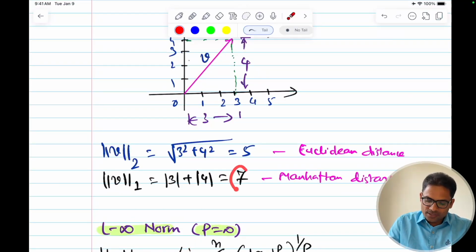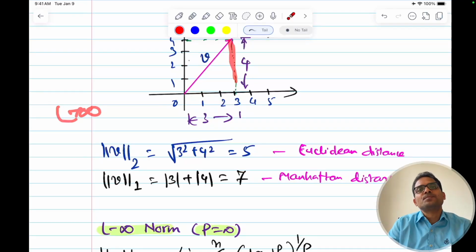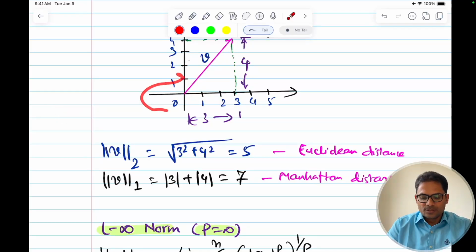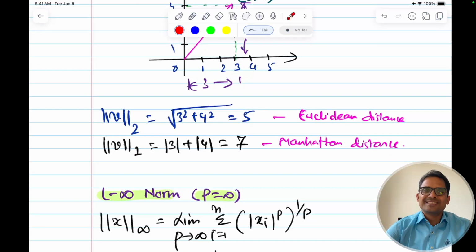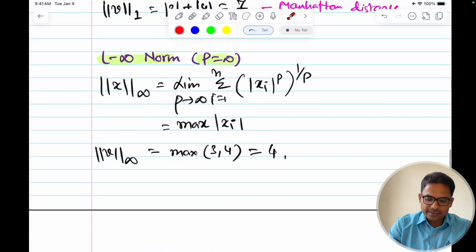L1 norm was 7, that was the Manhattan distance. L2 norm was 5, that is the Euclidean distance, and the L infinity norm was just 4. So this is your vector norm. This is how you measure how big a vector is, or how far it is from the origin.